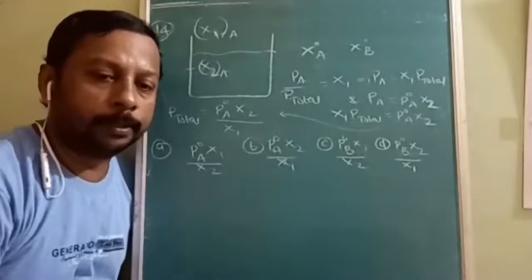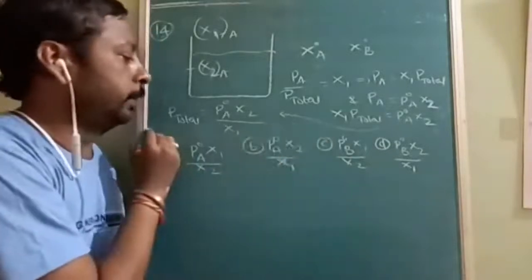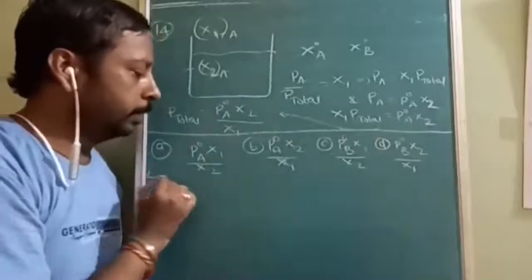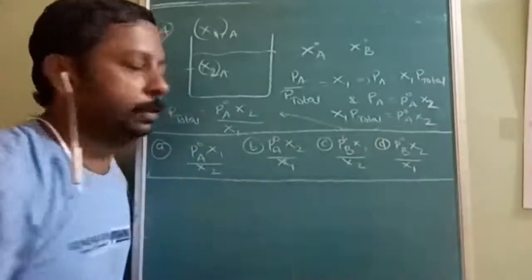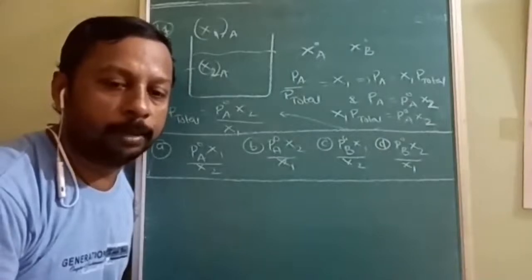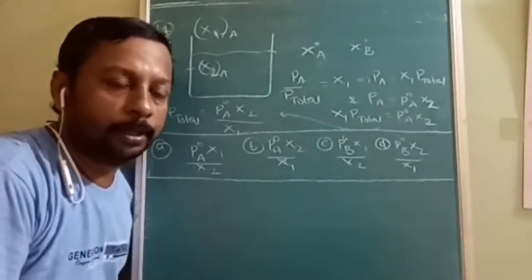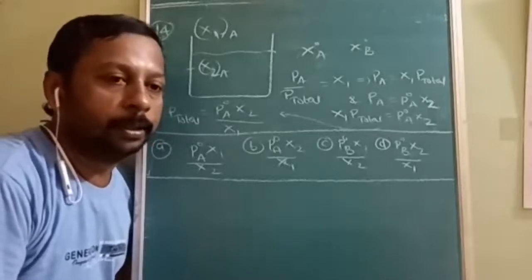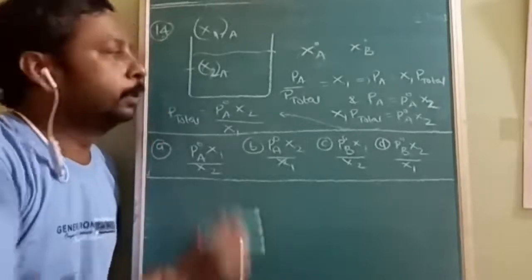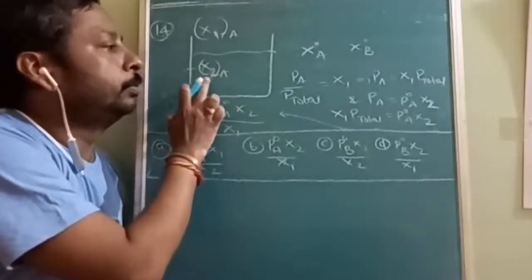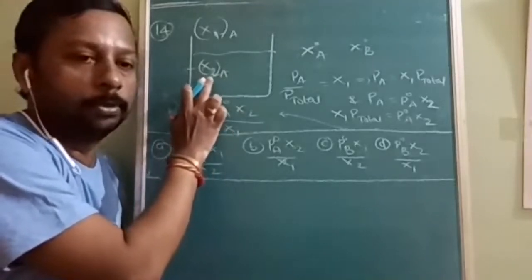See how complicated the question is. It appeared to be very easy, but it is a combination of Dalton's law and Raoult's law. Sometimes you have to use Dalton's law, and sometimes you have to use the liquid solutions law, that is Raoult's law. For the mole fraction of A in solution, you have to use Raoult's law.